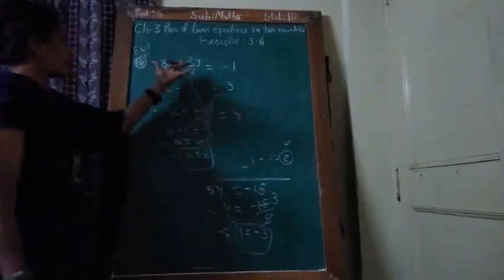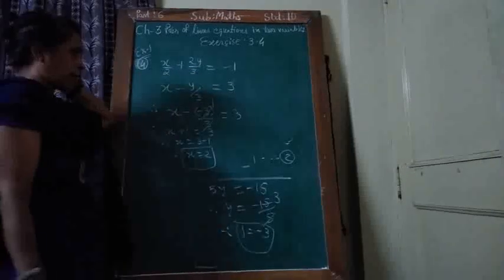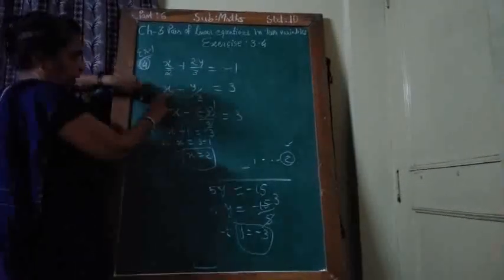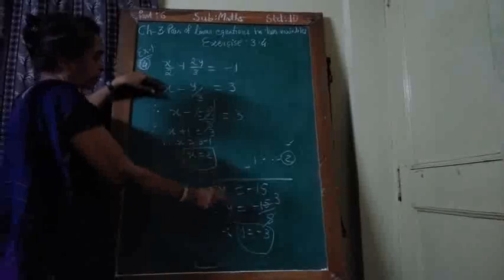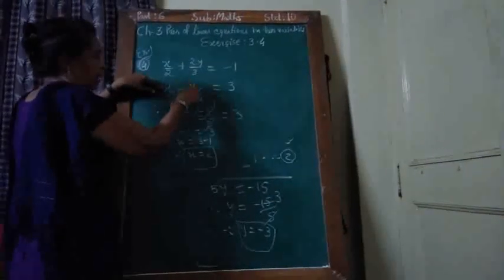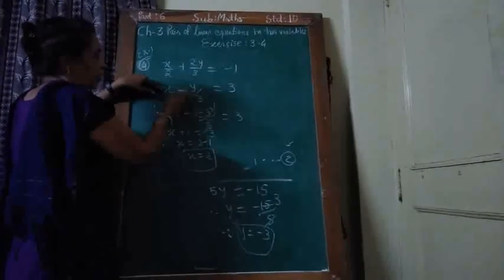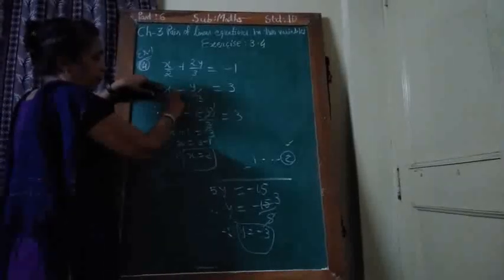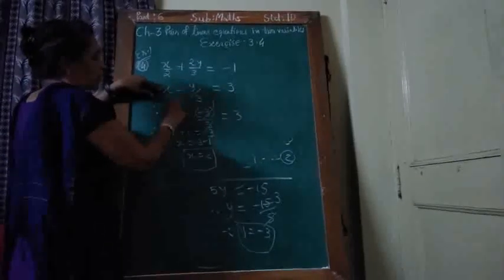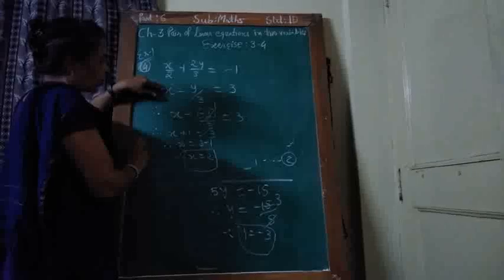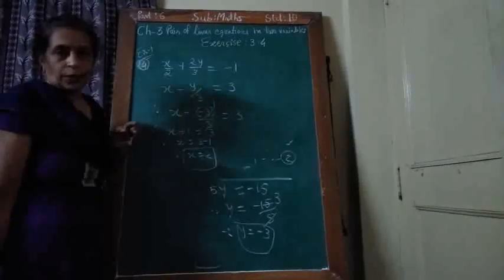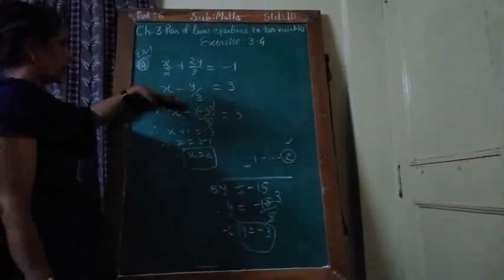If you put this value here, then it satisfies. Put here 2. 2 minus 3 upon 3 is again minus 1, and minus 1 minus 1, so it is plus 1. So 2 plus 1, that is 3, or not. So this value satisfies this equation.